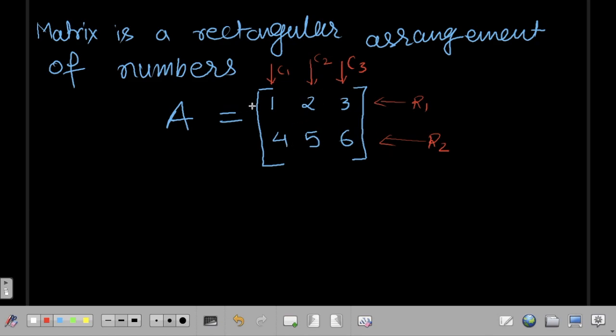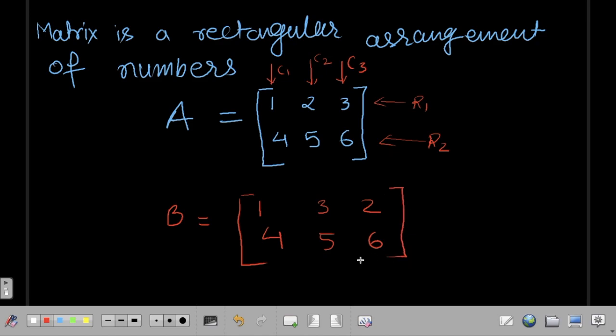Their order does matter. For example, if we have another matrix, let's say B, denoted like this, it has the same numbers as A but in a different order. Let's say 1, 3, 2, 4, 5 and 6.